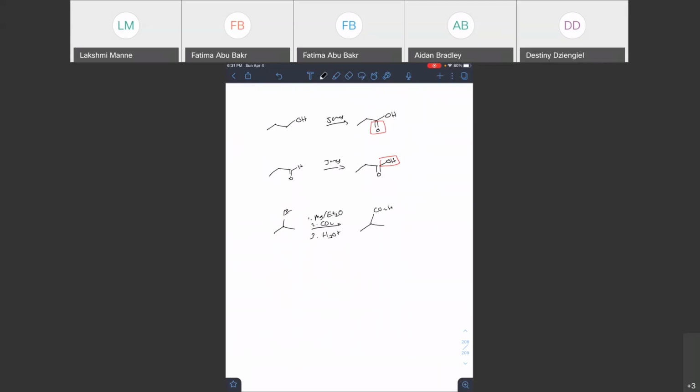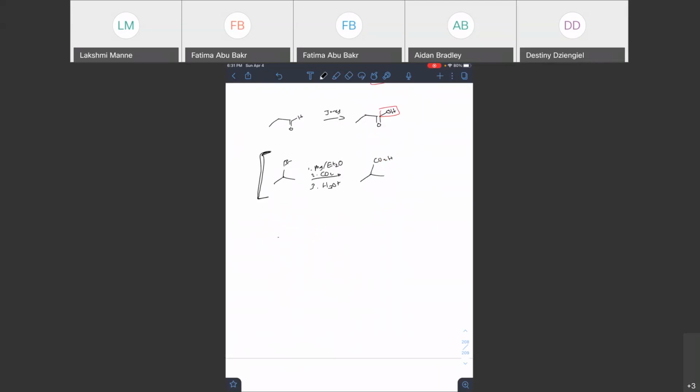Then on top of that, we also have the CN method. If you start off with a halogen, for example, let's just do a Br one more time, what you can do is use NaCN in DMSO. You don't really have to do the solvent, I think. What that does is change this to a CN.